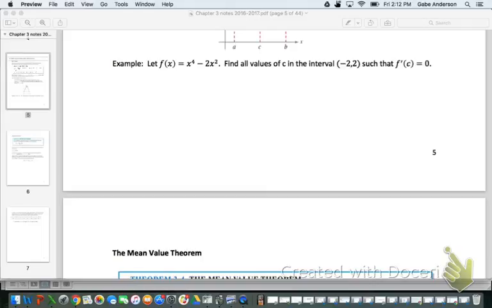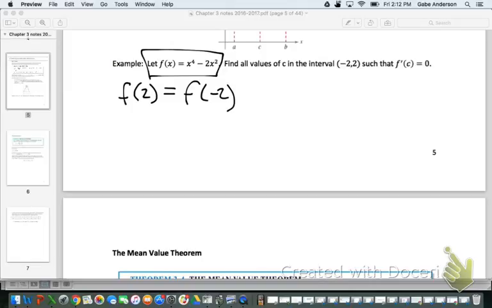First of all, is this function continuous and differentiable? Yes, because it is a polynomial. And does f of 2 equal f of -2? It actually does. If you do the math, it ends up being 8 equals 8. So because of all that, you know that Rolle's theorem applies.